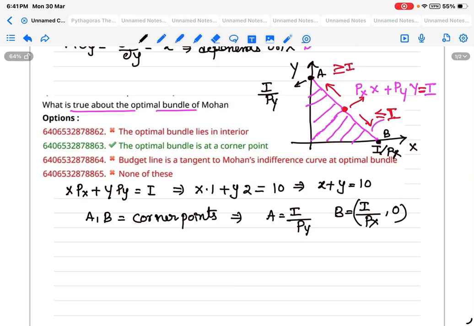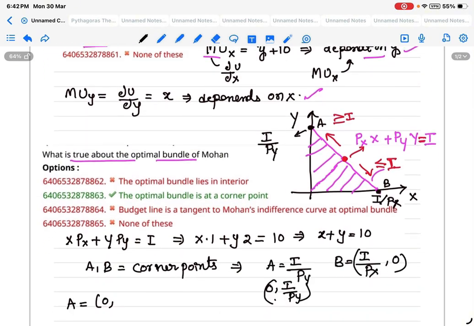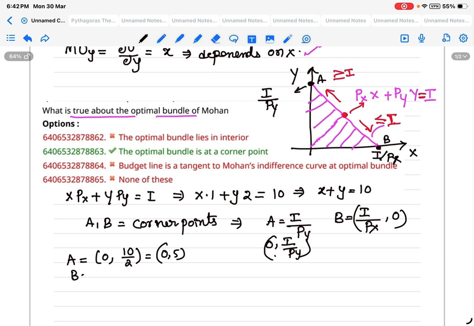These are coordinates. A equals 0 comma I by py, that is 0 comma 10 by 2, which equals 0 comma 5. And the point B equals 10 by px, which is 10 by 1, that equals 10 comma 0.